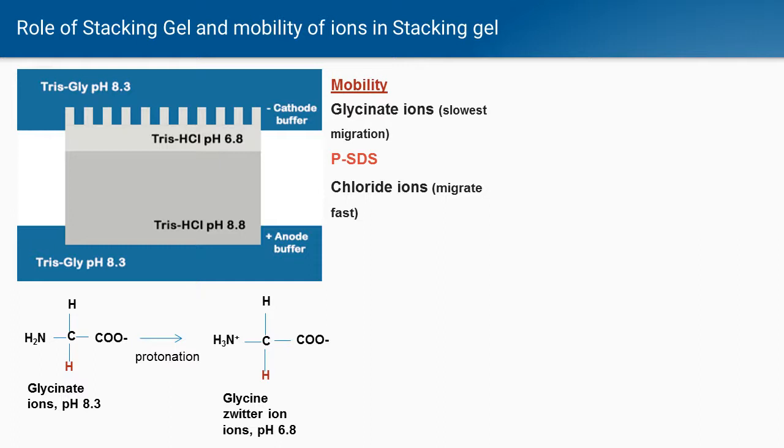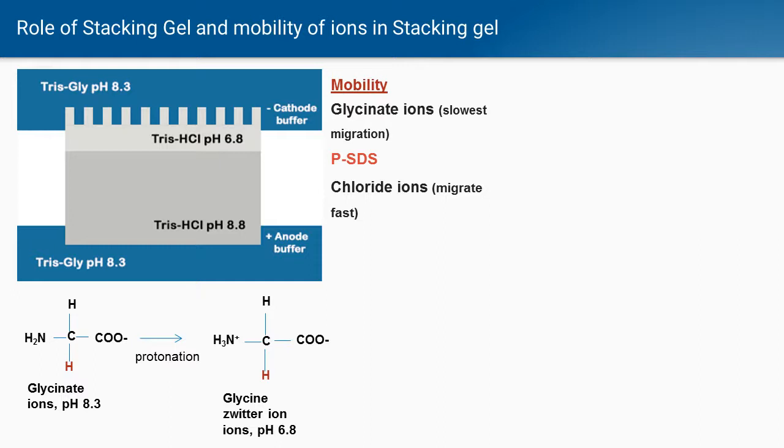So as the glycinate ions from the running tank buffer move through the stacking gel, this protonation process continues throughout the stacking gel, and all the glycinate ions get converted into the zwitterionic form.